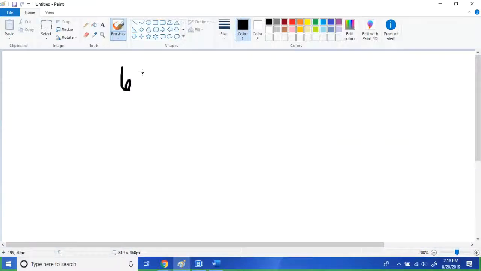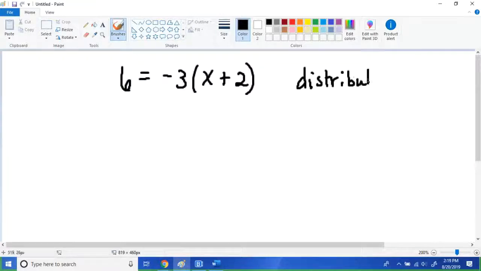The next problem is 6 equals negative 3 times the quantity x plus 2. Okay, we have a lot going on the right side of the equation, so we're going to use the distributive property. And that's simply telling us if there is a number right beside the parentheses, we're going to distribute or multiply the number by each number or variable on the inside.